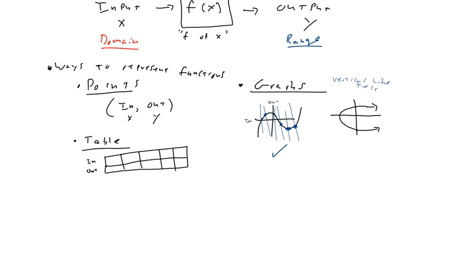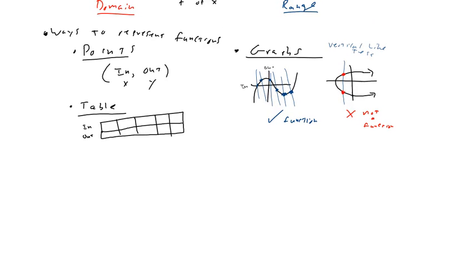But if we touch in two spots, like here and here, that's not a function. So we have points, tables, and graphs as ways we can represent these functions.